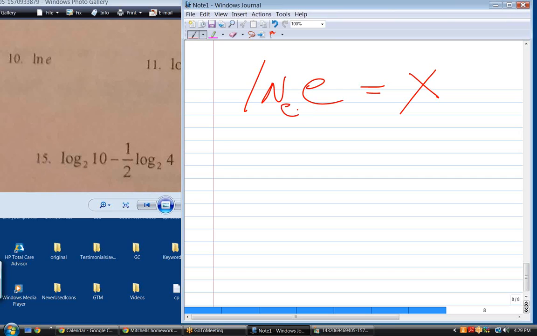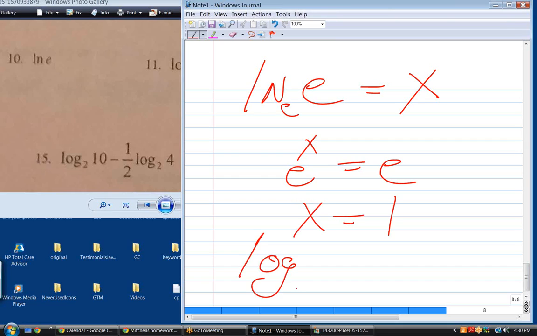The base of log is 10, if they don't state it otherwise. But when you see natural log, its base is e. So now express this exponentially. So e to the x equals e. What's x? x has got to be 1. Right. And in fact, if I have log base b of b, that's always equal to 1 no matter what b is.